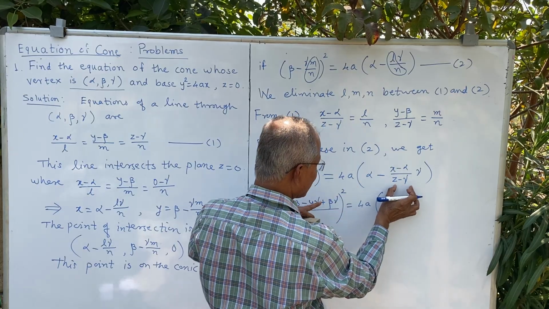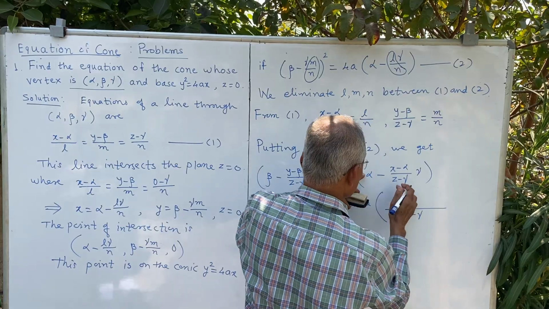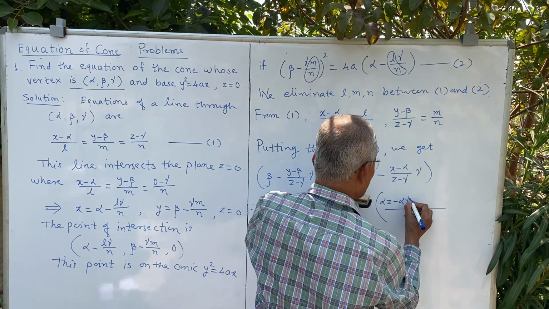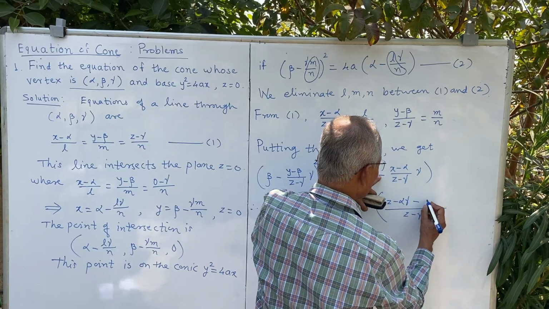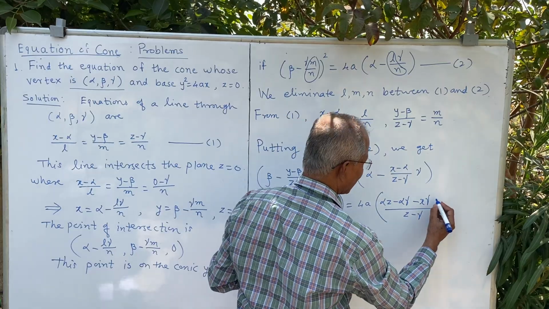Similarly, cross multiply, take the LCM as z minus gamma, and this is alpha z minus alpha gamma minus x gamma, and this minus of minus is plus alpha gamma.